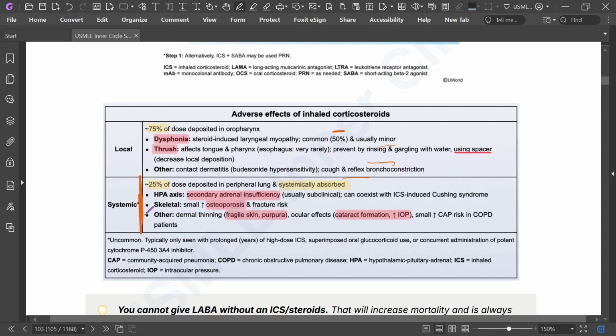Systemic: HPA-axis suppression with secondary adrenal insufficiency, which can coexist with inhaled corticosteroid-induced Cushing syndrome. Skeletal: small increase in osteoporosis and fracture risk. Others include dermal thickening and cataract formation.